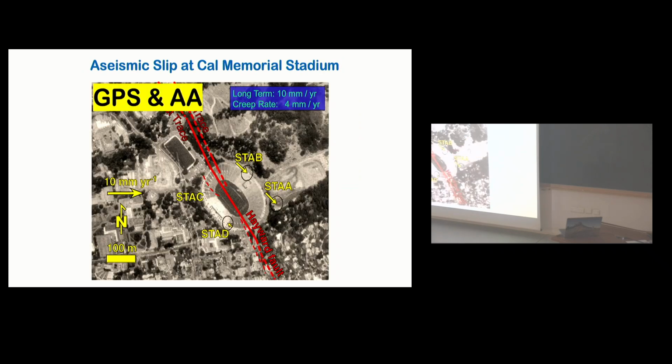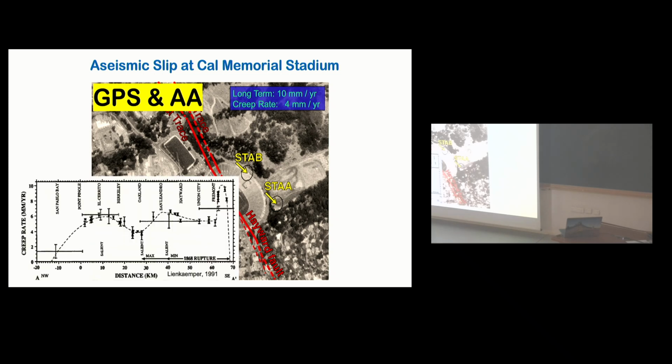That includes the football stadium in Berkeley that you may have heard about. We set up GPS receivers at the four corners here, and after just a few years, we could see that this side of the fault moved relative to the station here on the west side at a rate of about 4 millimeters per year, which is a little less than half of the long-term geologic slip rate.